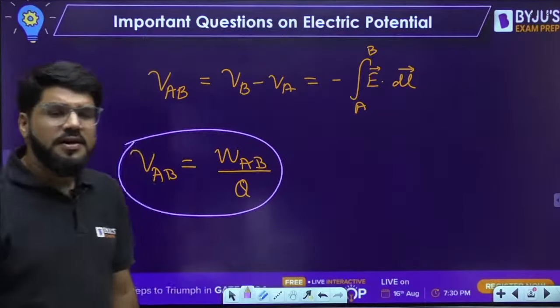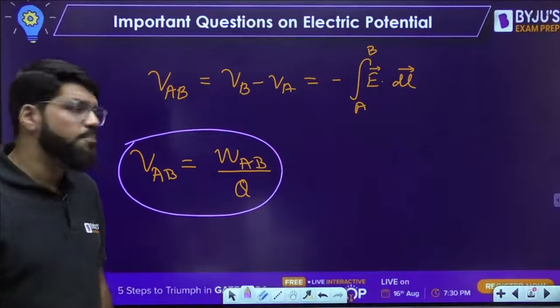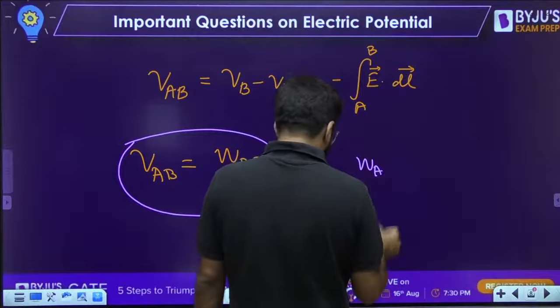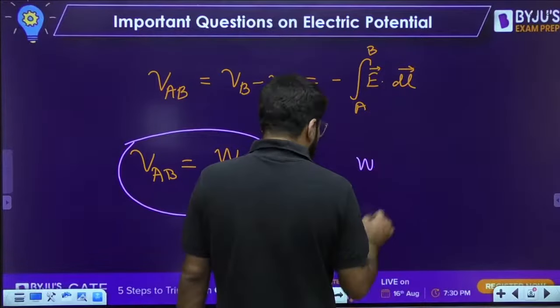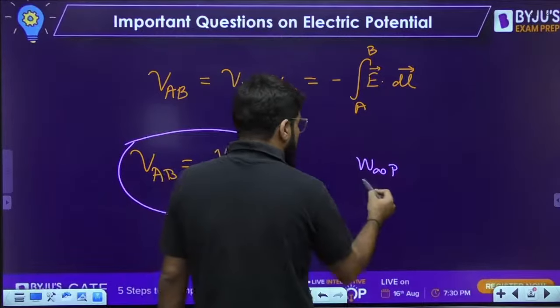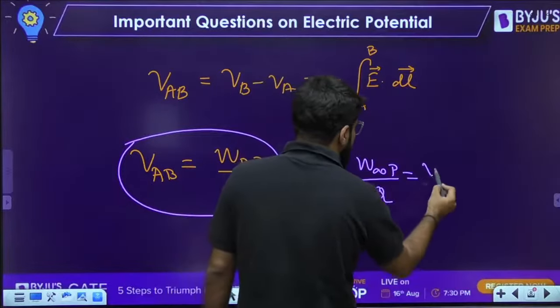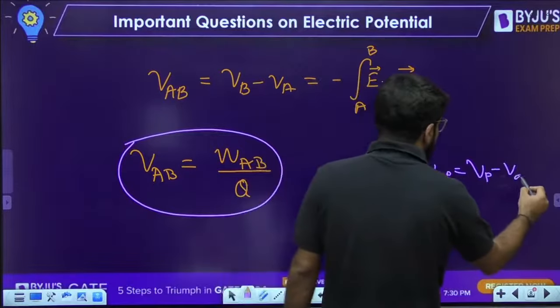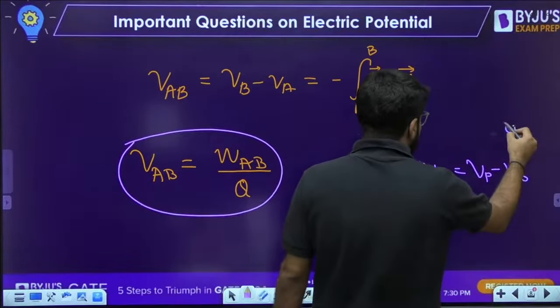Now, what is the work done in moving a charge from infinity to some point P? If I take one of the points as infinity, the work done from infinity towards some point P divided by the value of the charge, that is V infinity P, and that is Vp minus V infinity. V infinity as reference, we know it's 0.